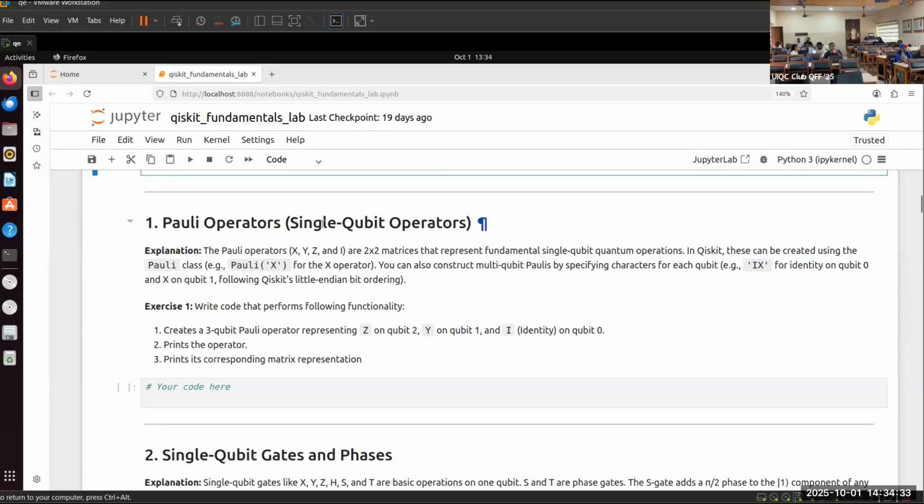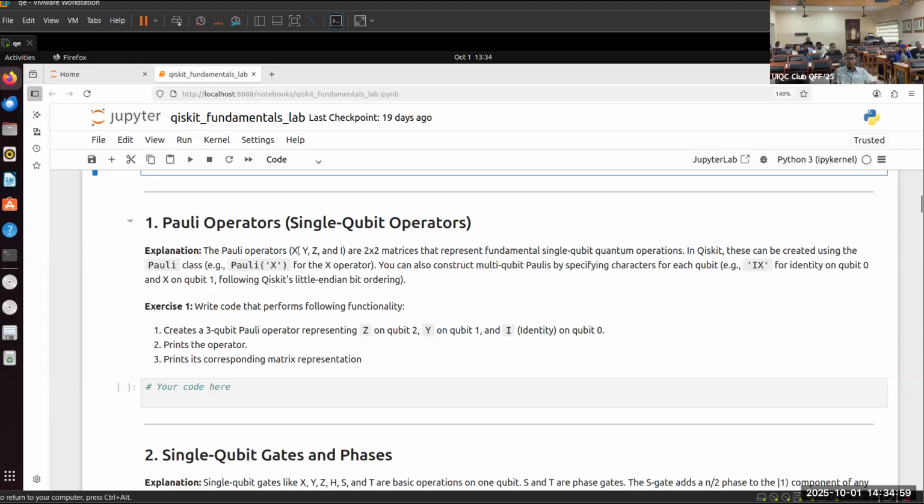Now here it is telling us about single qubit operators. I know in the lecture you had just now, more people are still coming to tell you more about the operators. There are the X gate, Y gate, Z gate. In Qiskit, they are referred to as the Pauli operators. For those who have studied quantum mechanics, you must have heard about the Pauli operators.